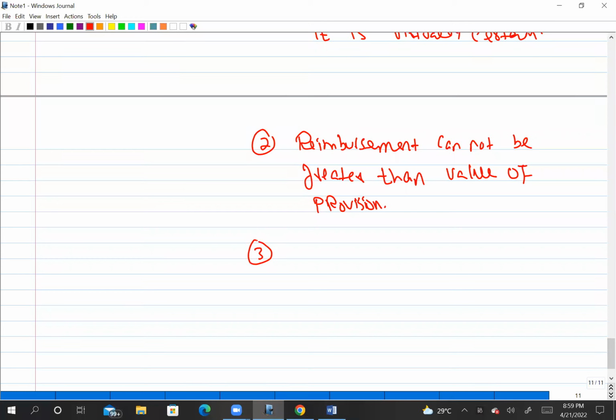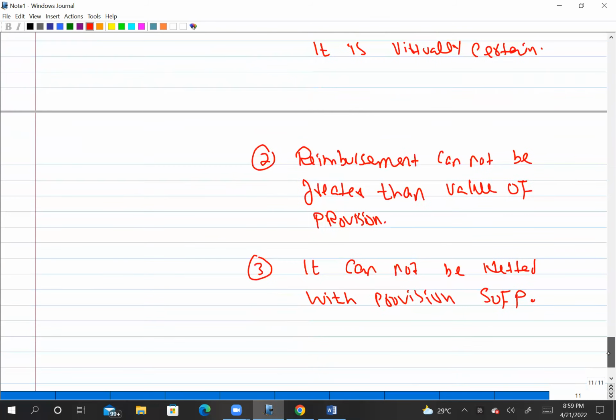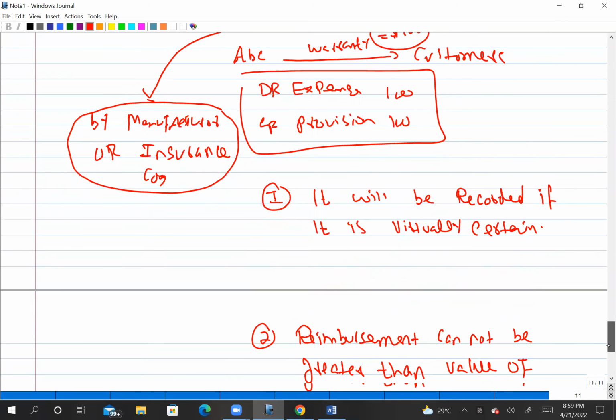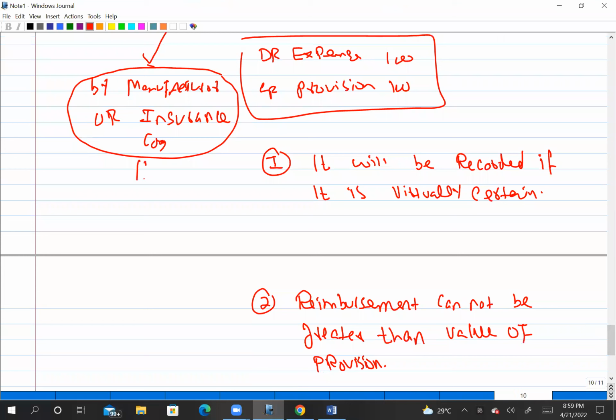Point number three, it cannot be netted with the provision in the statement of financial position. This means we cannot net the provision with the value of the reimbursement. For example, let's assume the reimbursement value is $80.